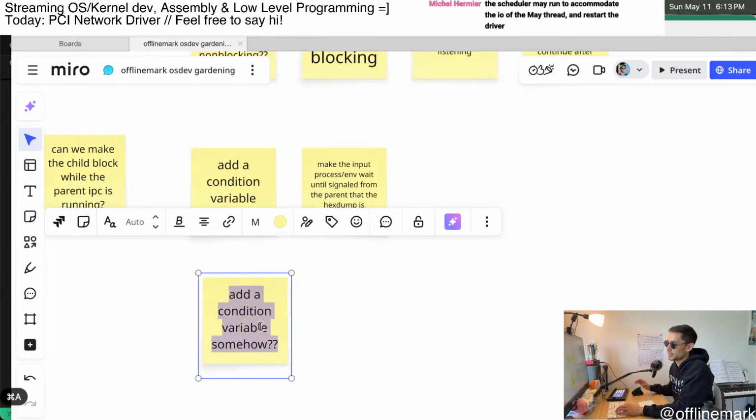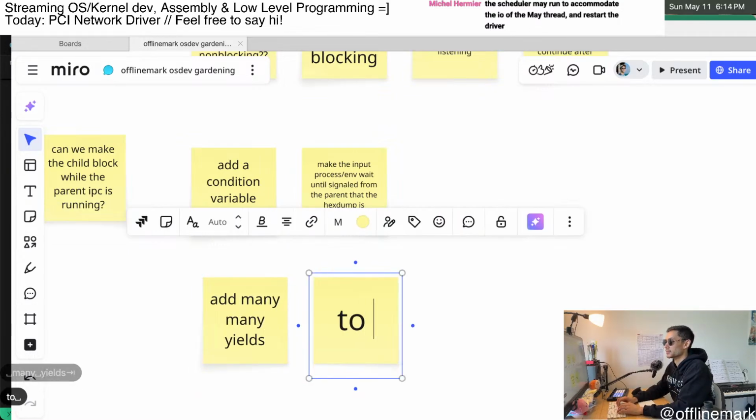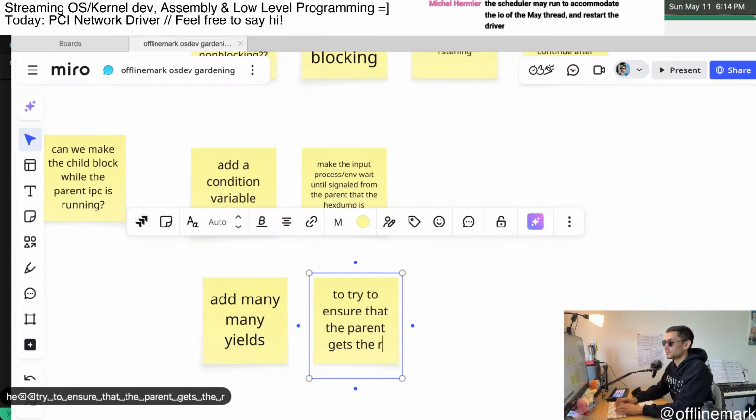Or add many yields to try to ensure that the parent gets the runtime it needs.